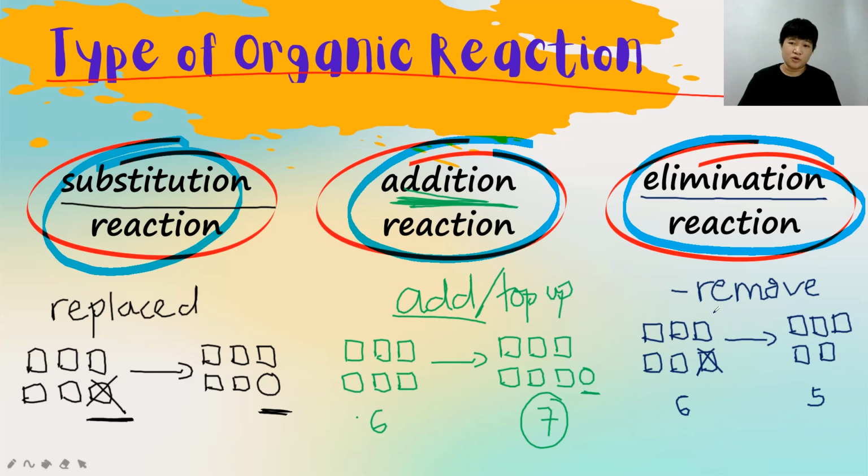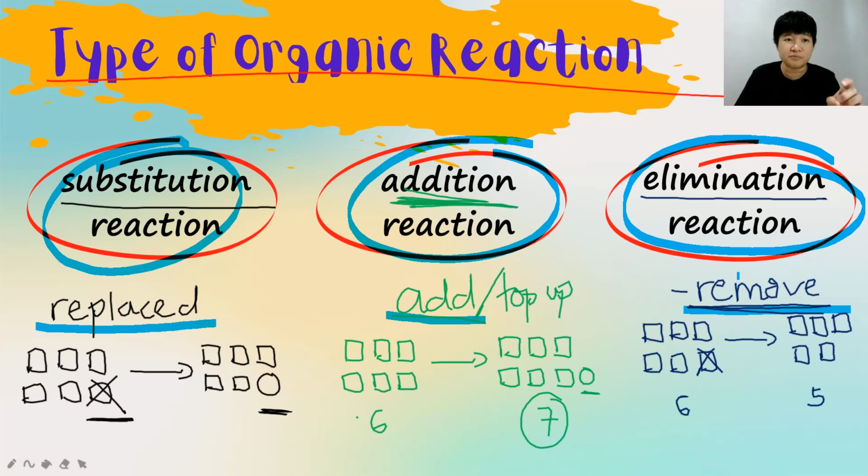The elimination reaction only removes what you want to remove, without adding in or replacing with anything. That is what we call elimination. The keywords: substitution means we are going to replace, addition means we are going to add up, elimination means we are going to remove. Keep that in mind. This is the most basic type of reaction before we go in deeper.